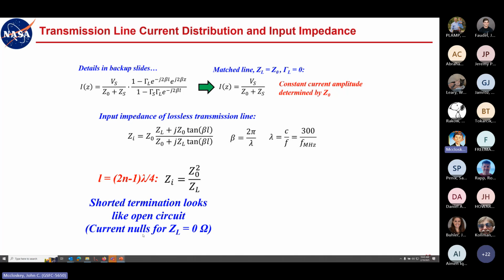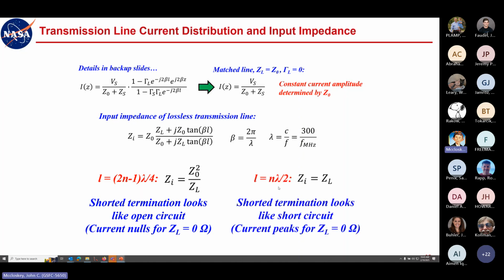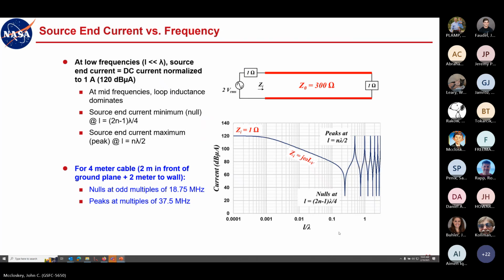So you're going to get current nulls. It's going to look like a very high impedance, so you're going to get current nulls. At multiples of a half wavelength, the impedance that you will observe at that distance away will equal the physical termination. So a short will look like a short, and you'll get current peaks at those frequencies. Just looking at this analytically, and I've done plenty of measurements to show this is a really excellent model.